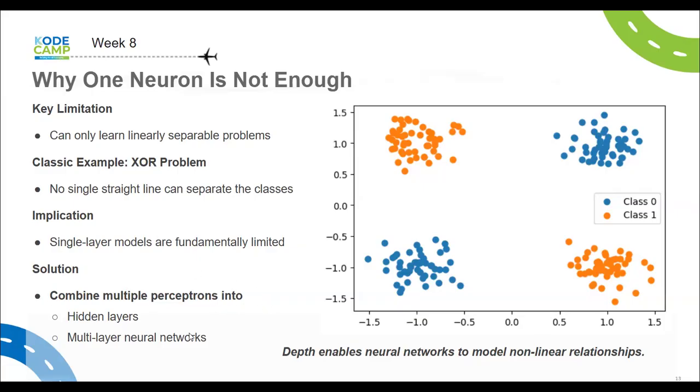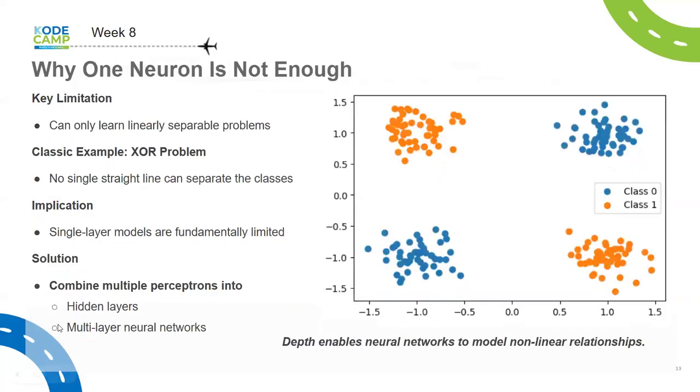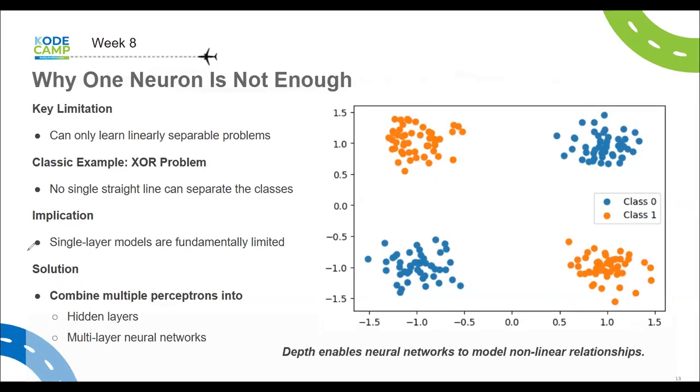So anyway, the solution to this was, instead of using a single neuron, let us combine multiple neurons into layers, and then combine multiple layers into deep networks. Then we can solve the problem, and that's basically what happened.